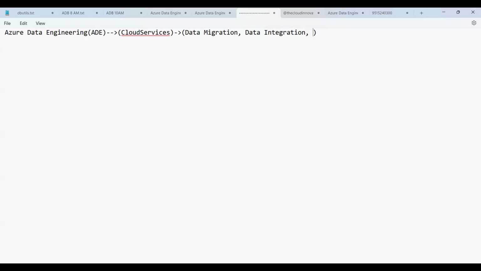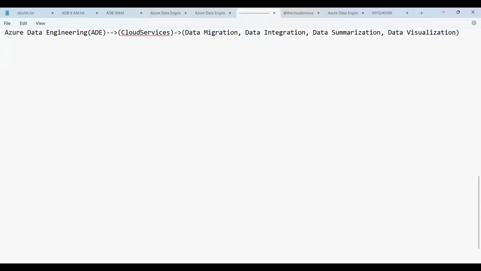And then we have data summarization. Then we have data visualization.